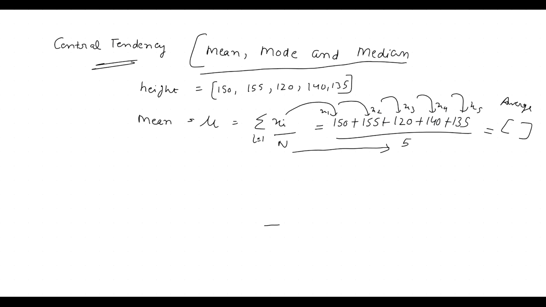When I draw this bell curve, whatever values you have counted, let's assume the average value is 105, after the addition and dividing by the total number of data points present. This is called central tendency. This is called mean, like mu or average.